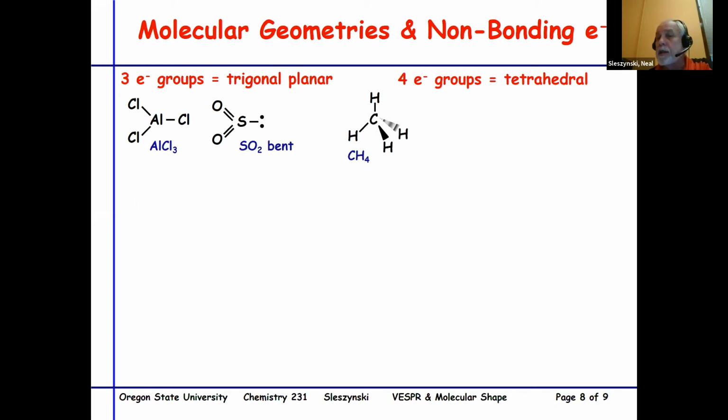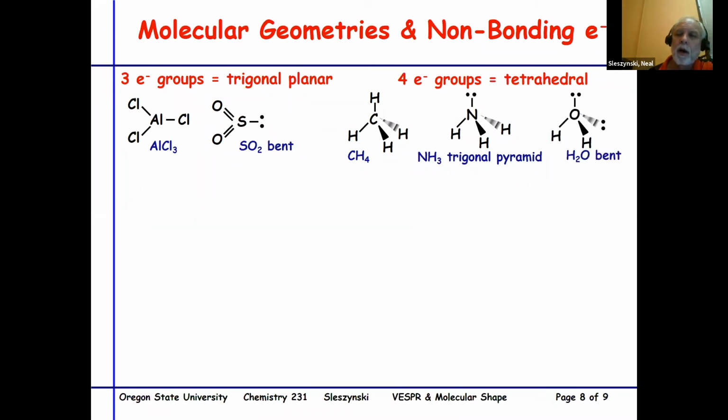Methane is the example we used initially. If we take a look then at ammonia, 4 repelling electron groups, but 1 non-bonding electron pair, we have a trigonal pyramid. Oxygen, an electron geometry of tetrahedral, but if we look at the atoms, we see that water, in fact, is a bent molecule.